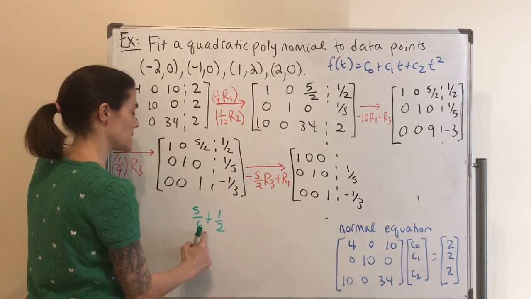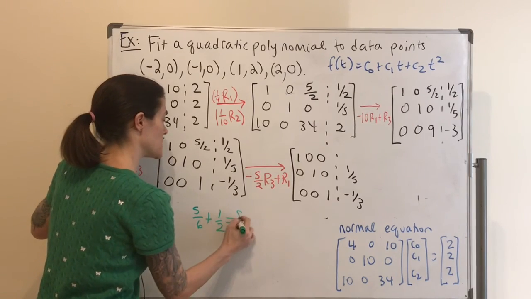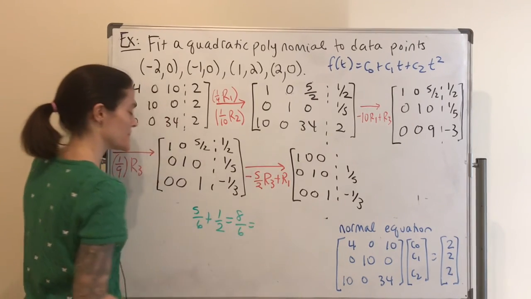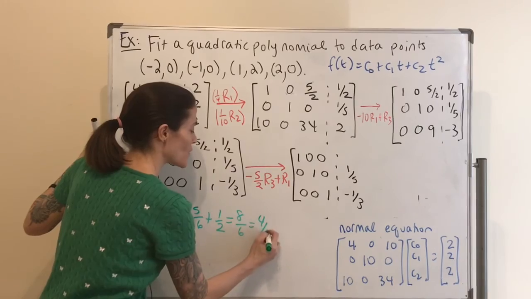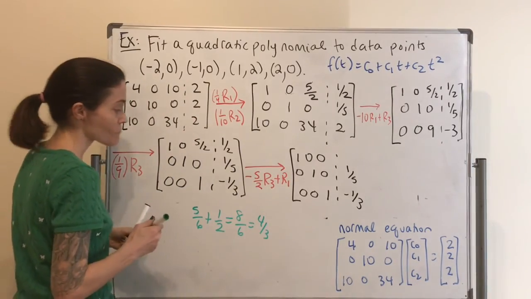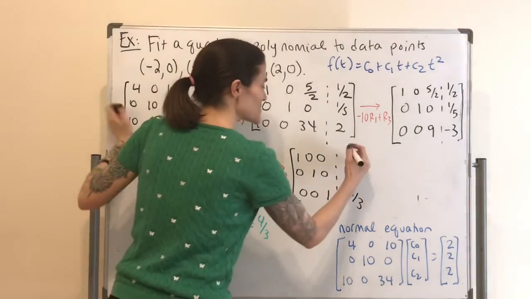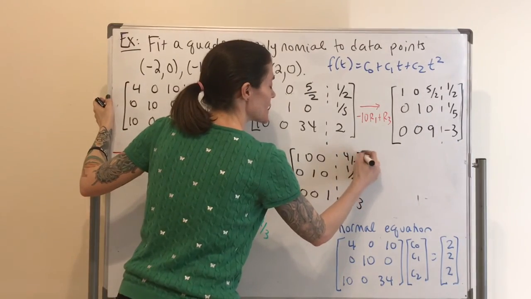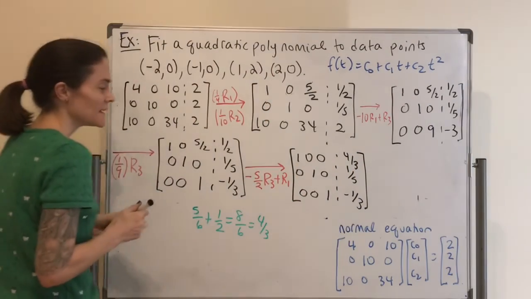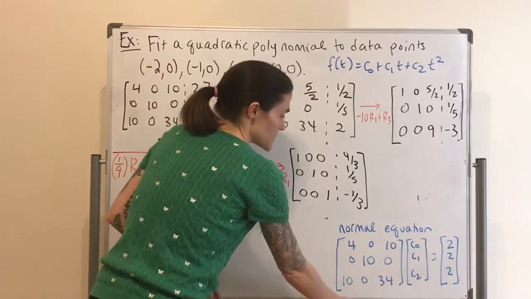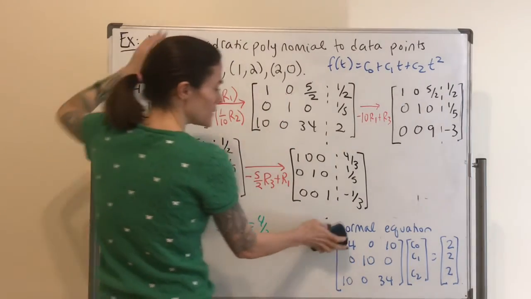This is 5/6 plus 3/6. This gives me 8/6, or divide both by 2, 4/3. This one is 4/3.